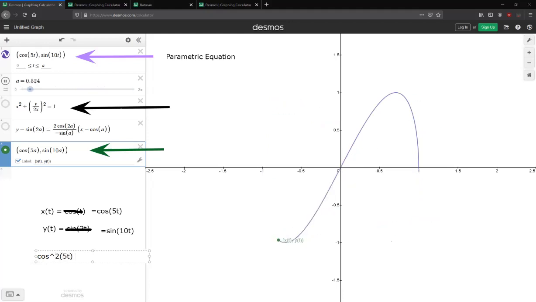If I square my y, I'll get sine squared of 10t, but that's the same thing as twice sine of 5t times cosine of 5t, squared, excuse me, 4 sine squared of 5t cosine squared of 5t, right? Those are the squares of my x and my y.